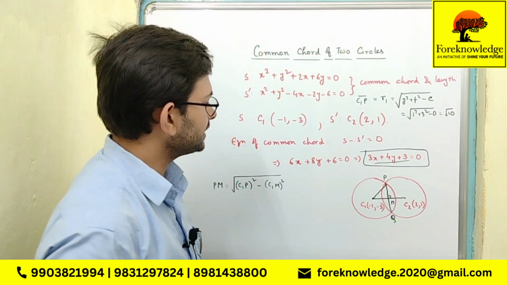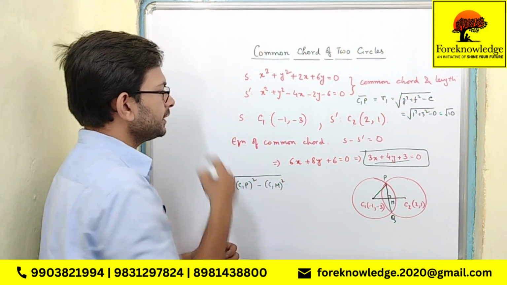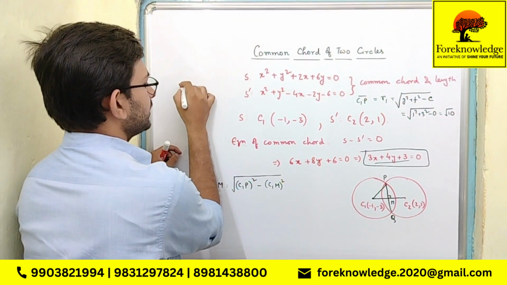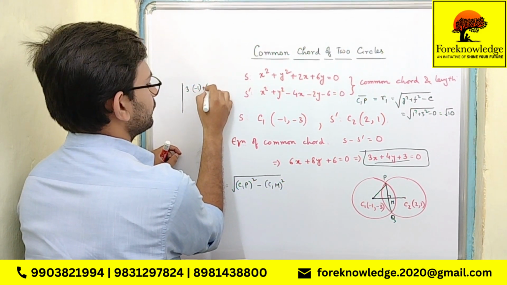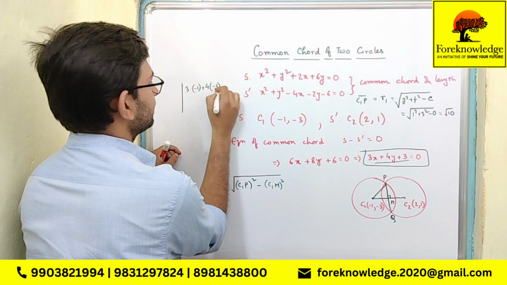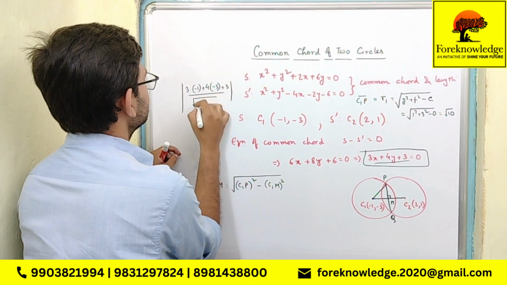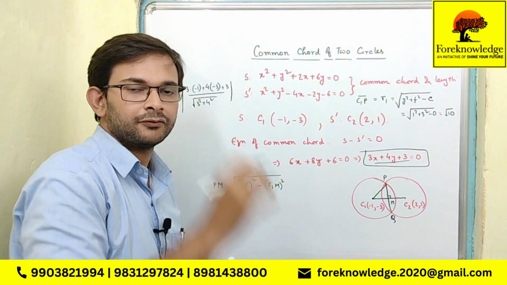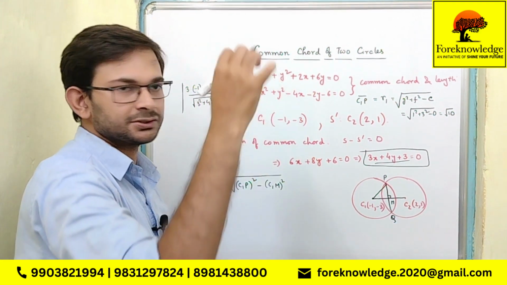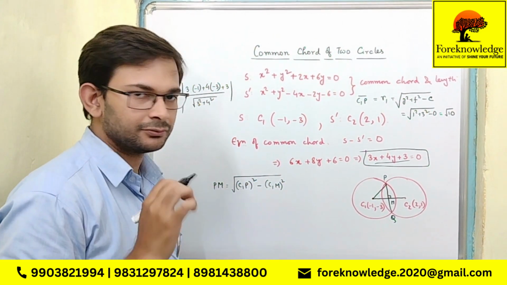So what is the distance formula? The distance formula gives us 3 into minus 1 plus 4 into minus 3 plus 3 divided by root under 3 square plus 4 square. This is the formula for distance of a point to the straight line.